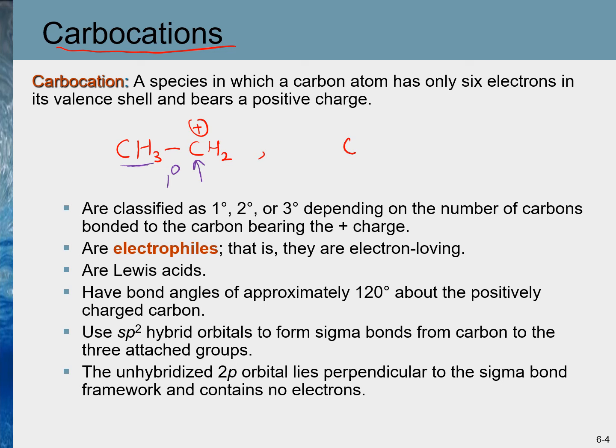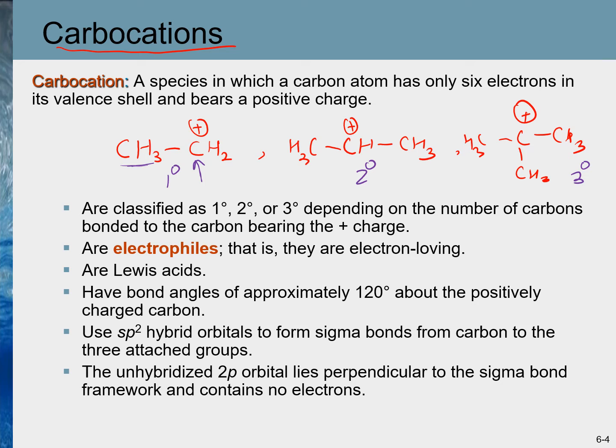Now, in case the charge carrying carbon atom is bonded to two carbon atoms, such as shown here, this will be an example of a secondary carbocation. And finally, if the charge carrying carbon atom is bonded to three carbon atoms, in this case the carbocation intermediate is known as a tertiary carbocation.